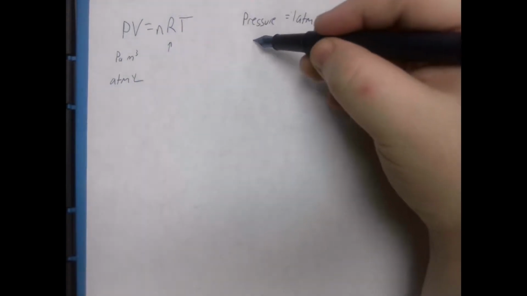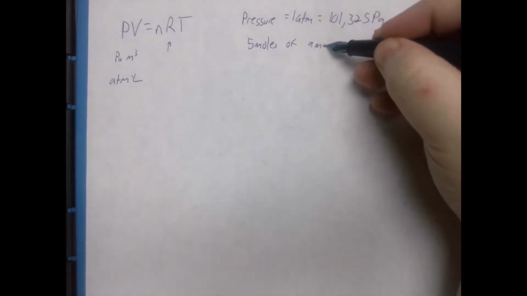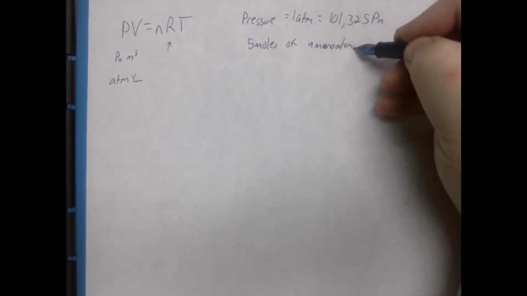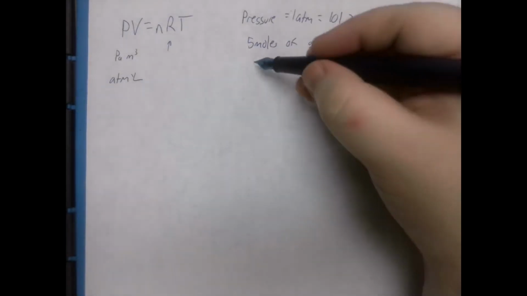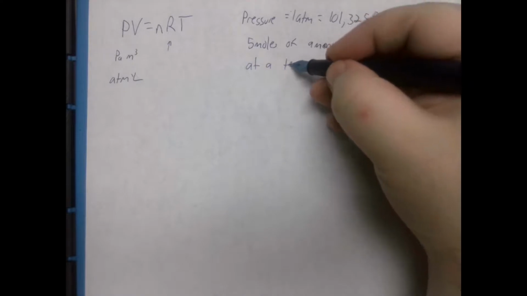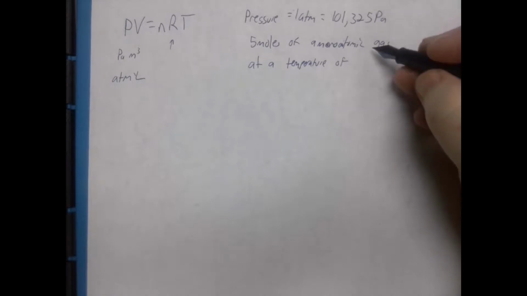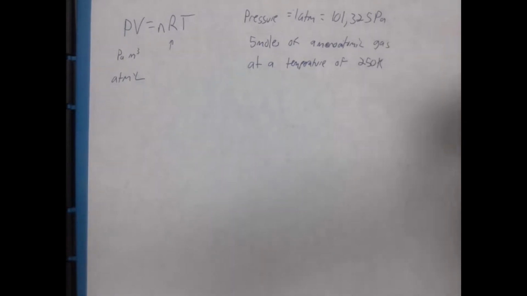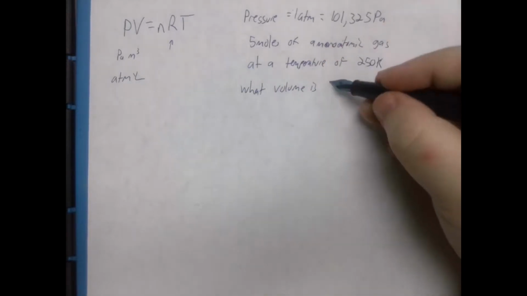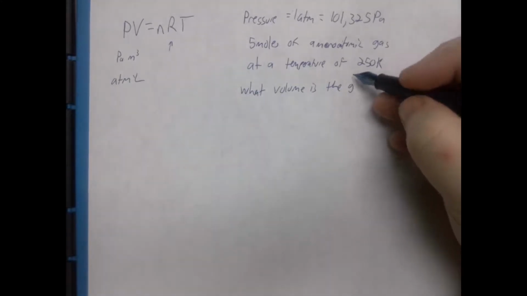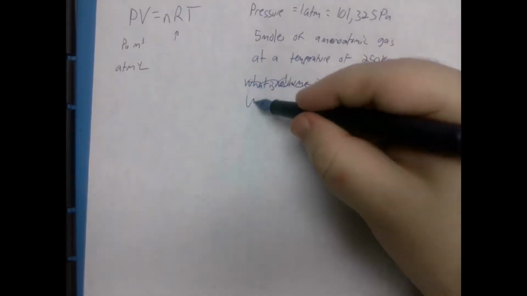You have 5 moles of a monatomic gas at a temperature of 250 Kelvin. What volume is the gas at? What is the volume of the gas?